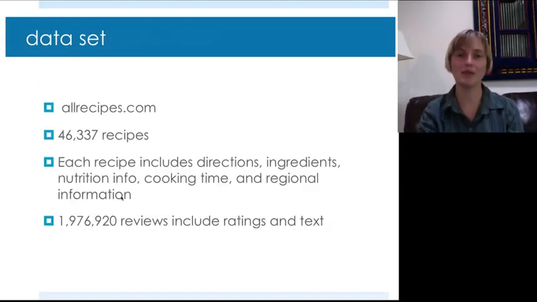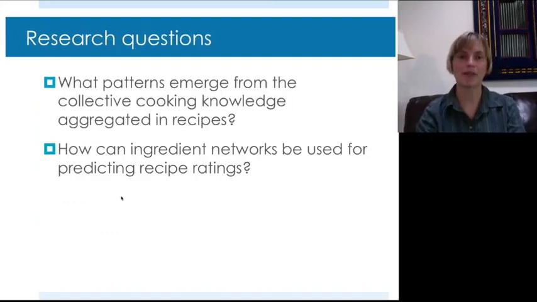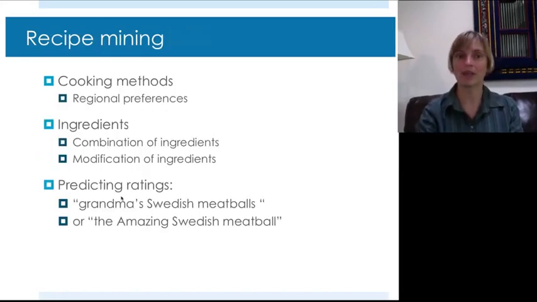The data set we gathered was over 40,000 recipes from the site allrecipes.com. And we discovered a rich additional data set, which was nearly 2 million reviews of the recipes, which included text as well. What we wanted to know is what patterns emerge out of this aggregated knowledge, and how specifically can ingredient networks be used to predict which recipe is good.